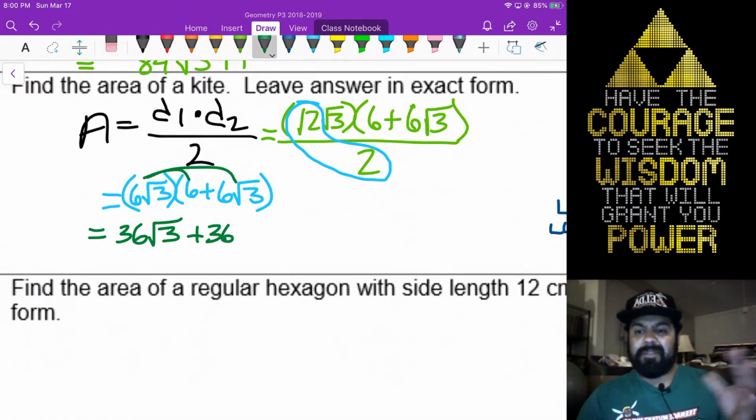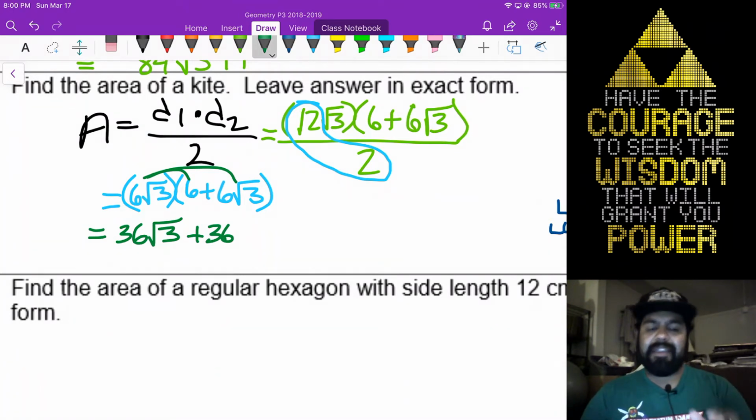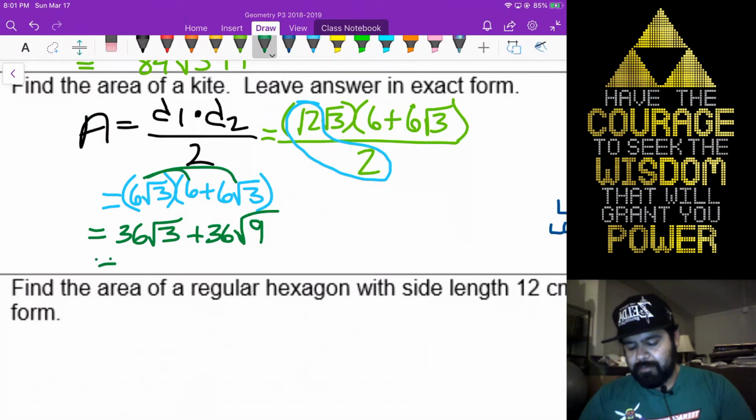And if you're still kind of iffy on what happens when you do a square root times a square root, that's okay. Just remember you're multiplying the numbers inside. So you would say, hey, I have the square root of 9. Well, wait a second, what is the square root of 9? You're going to get just a 3. So 36 times 3.